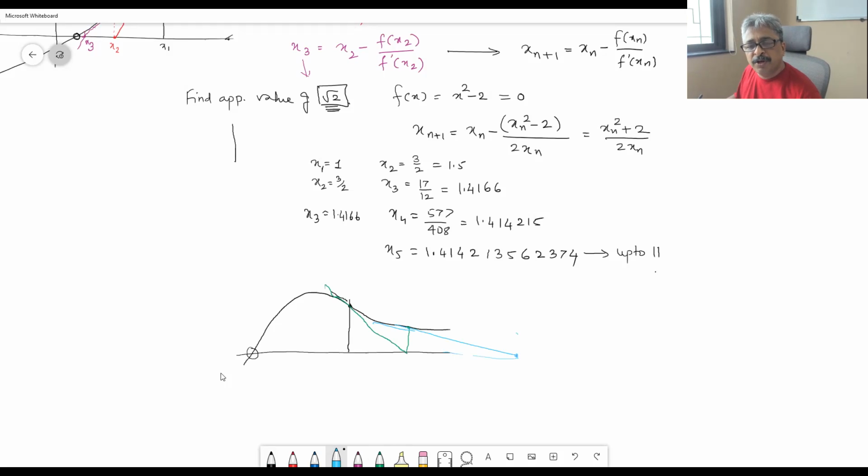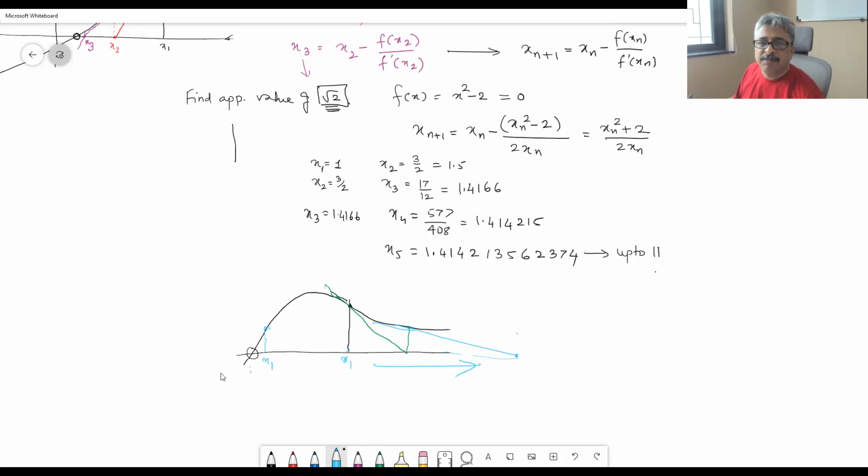So you are moving further away from the root if the nature of the curve is so bad. In that case, instead of selecting this as x1, select somewhere else as x1, and you will go to the root.